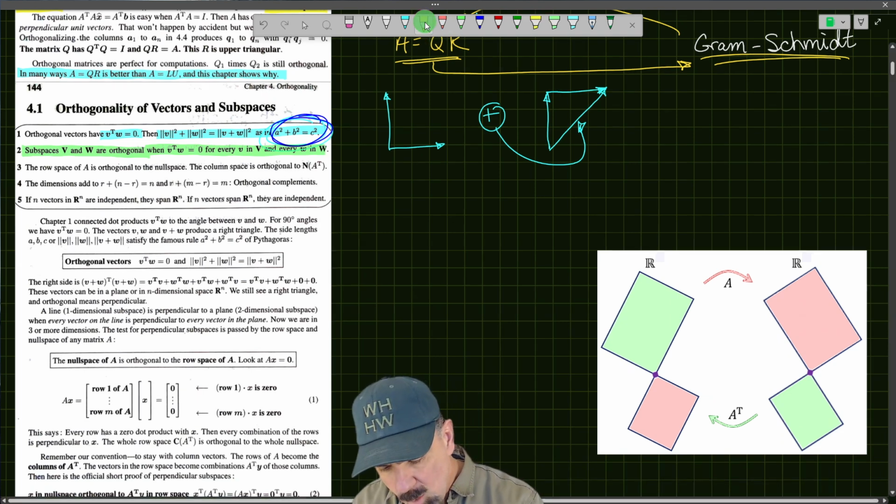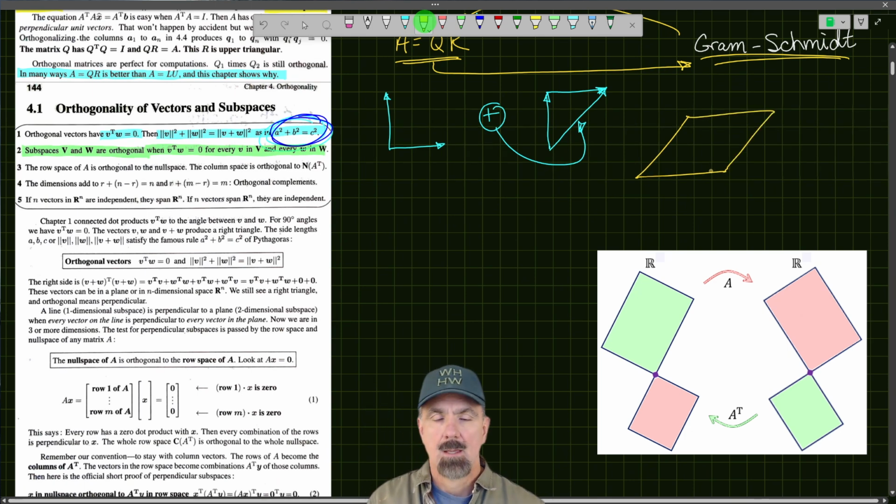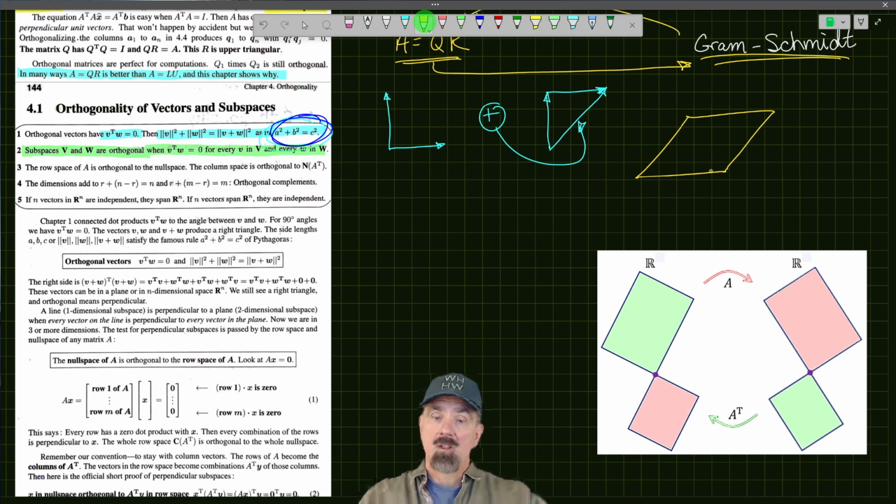So a quick graphic, right? Let's say we had a plane in R3. We know that all the vectors that are in that plane form a subspace. That is a two-dimensional subspace in R3. That leaves us one dimension left over.